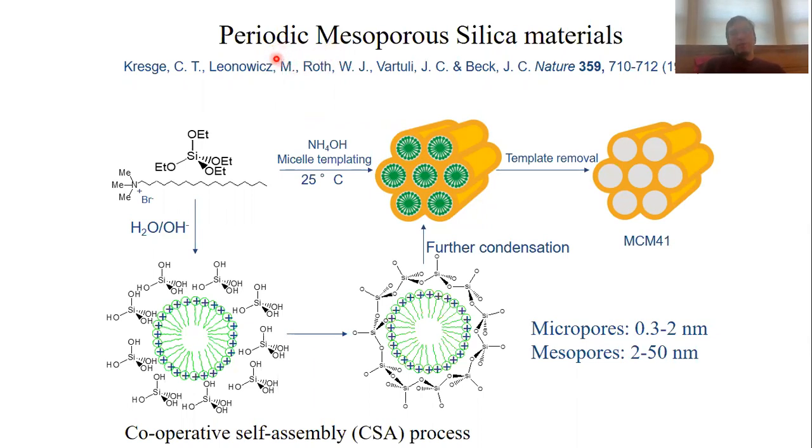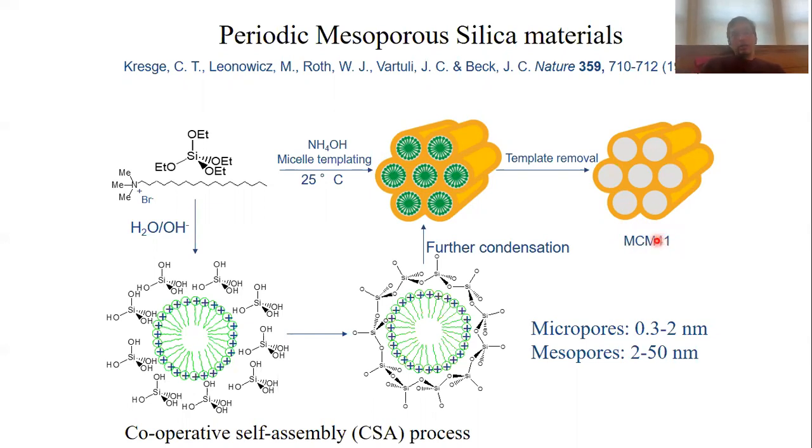So the field of periodic mesoporous materials took off in the year 1992 with the discovery of the first periodic mesoporous silica. Its name is MCM-41, whereby MCM stands for Mobil Composition of Matter. And as the name says, this material has first been discovered at Mobil Oil. The 41 is just an experiment number.